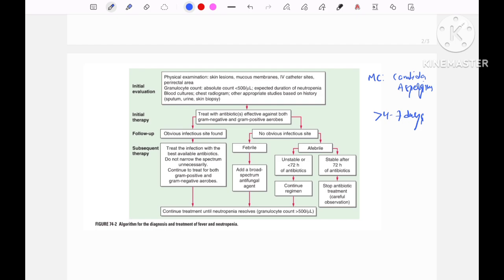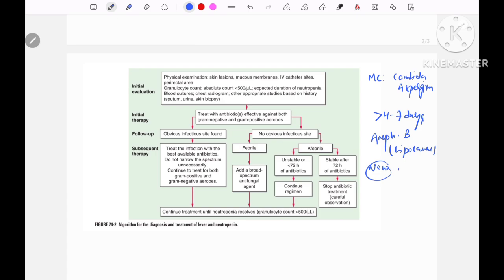Previously we used to add the liposomal form of amphotericin B because it has fewer side effects. And now the azole groups are added, like fluconazole, voriconazole and posaconazole.